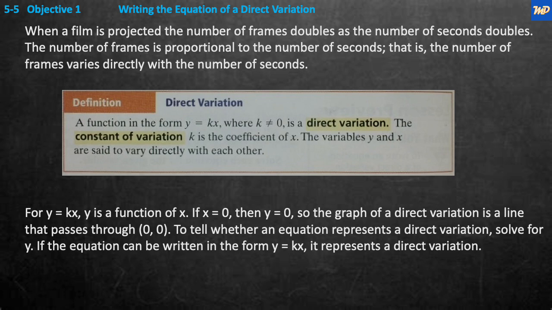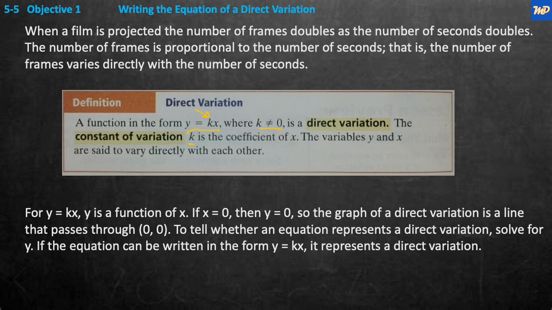And what's the definition of a direct variation? A function in the form y equals kx, where k is not 0, of course, k cannot be 0, is a direct variation. The constant of variation, k, is the coefficient of the x variable. The variables y and x are said to vary directly with each other. As x goes up, y goes up.